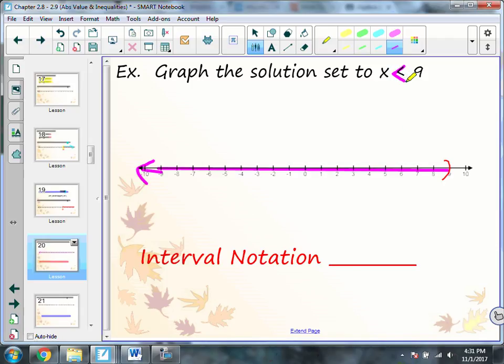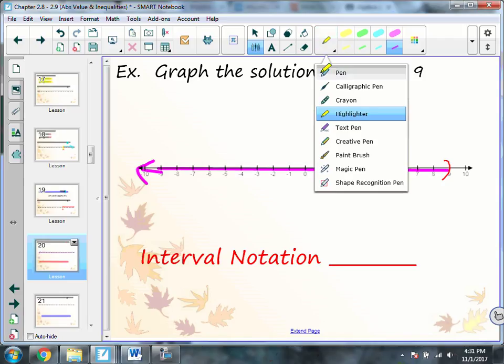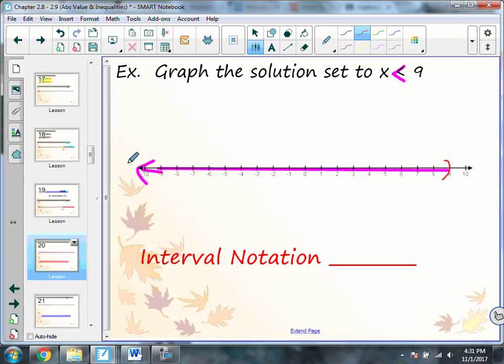Again, if I consider this like a little arrow, it points in the direction in which I want to shade. Now for the interval notation, I'm going to read left to right. This left side is negative infinity, so by negative infinity I have a parenthesis, and by positive infinity I have a parenthesis. So it's negative infinity to 9. And by the 9, I have a parenthesis because it does not equal 9. It's just x is less than 9, not x is less than or equal to 9. So that is my interval notation.